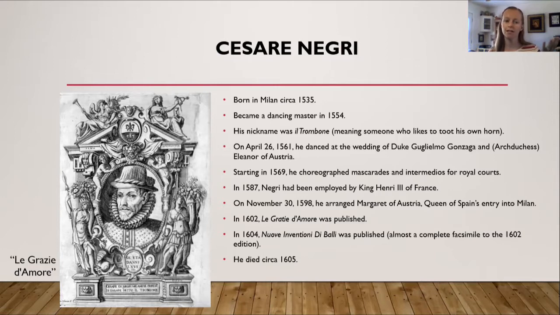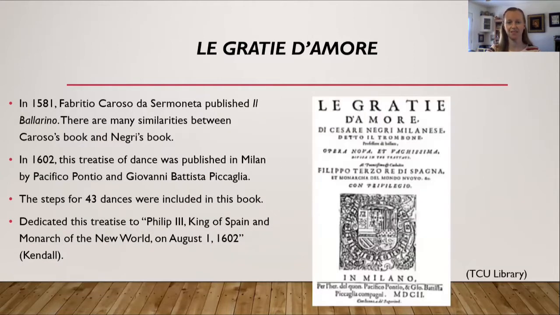On the left-hand side is his portrait from the 1602 book, Le Gratie d'Amour. And on the right-hand side is a picture of the cover of Le Gratie d'Amour. In 1581, Fabrizio Caroso da Sormoneta, if I mispronounced that, I'm sorry, published Il Ballerino.